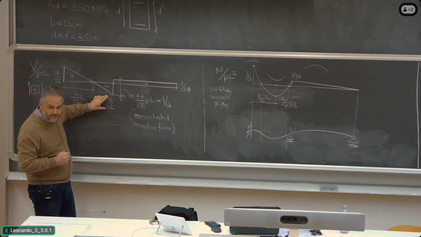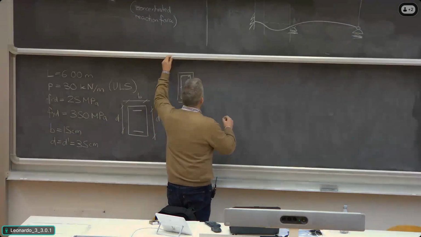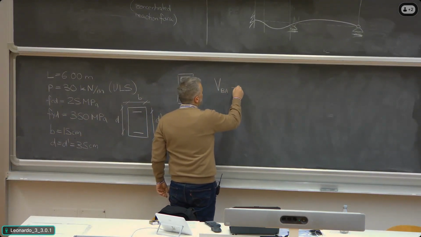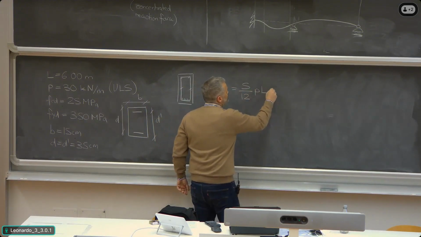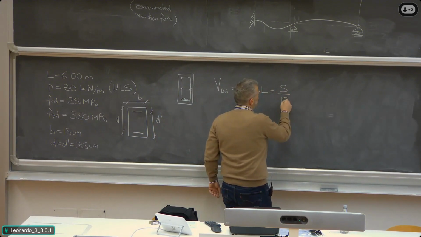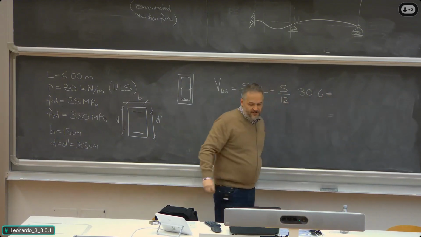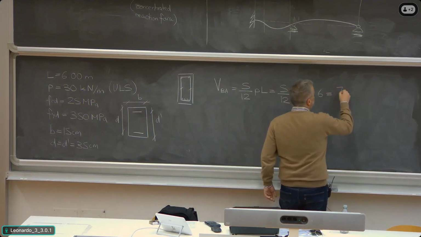This one. So the acting shear force is VBA equal to 5/12 PL, which is 5/12 times 30 times 6. The value is clearly 75 kilonewtons.